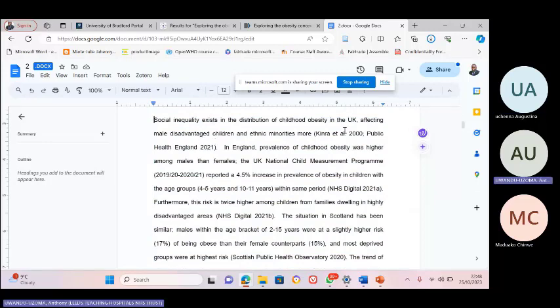Now, this whole part: social inequality exists in childhood obesity in the UK. How do I know that it's inequality? Inequality occurs along the lines of age, and in the social demographic variables. So what are the social demographic variables? Like what and what?